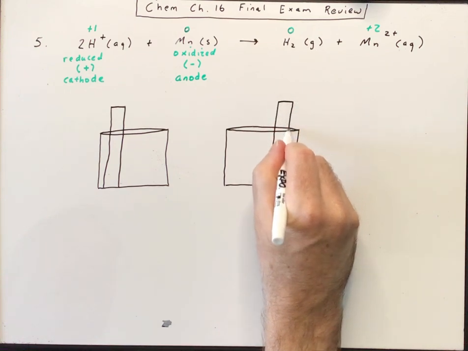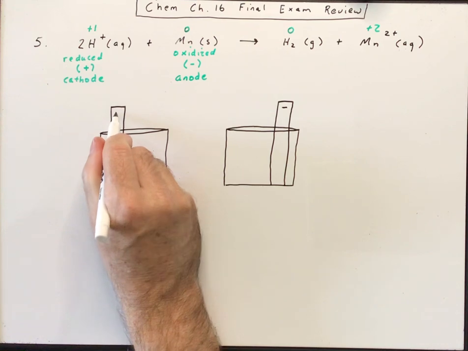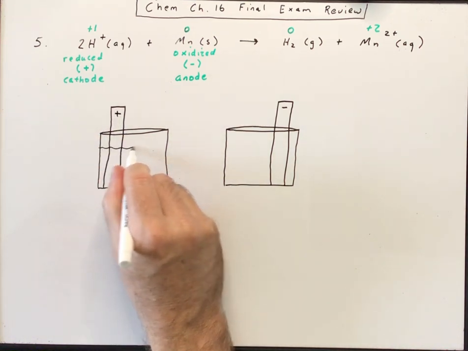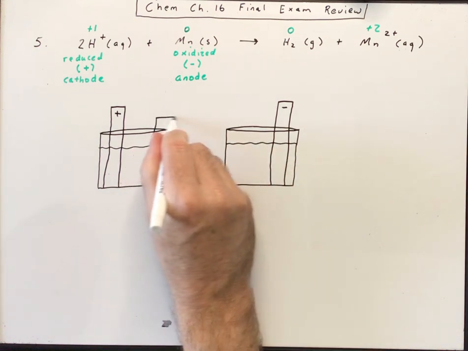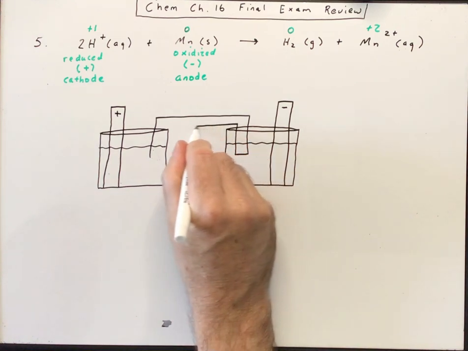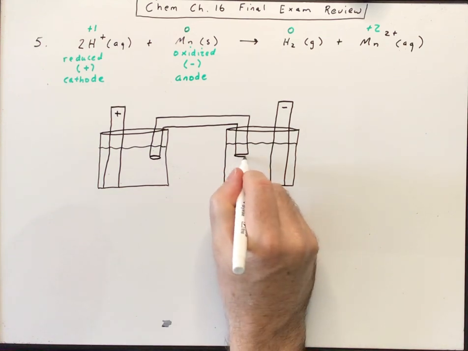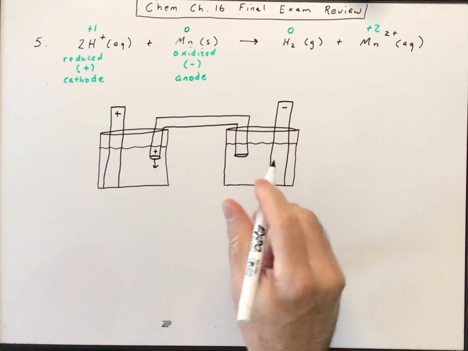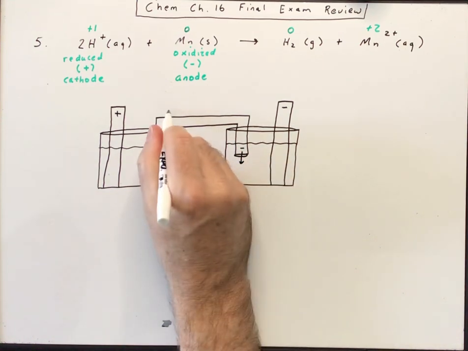I do like to put the anode on the right, the cathode on the left. We have some solution. Got a salt bridge. Make sure your salt bridge goes underneath the solution so that those ions, label the ions, so it's a source of positive ions for the left side and negative ions for the right side.